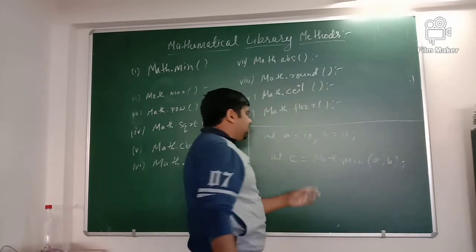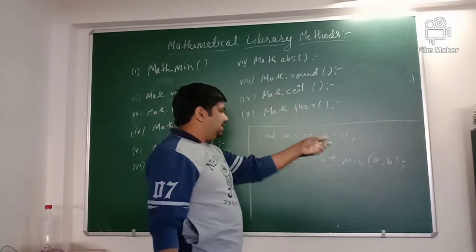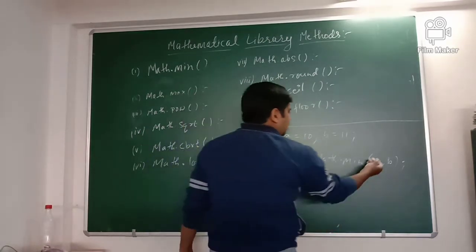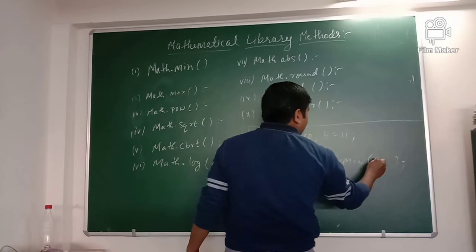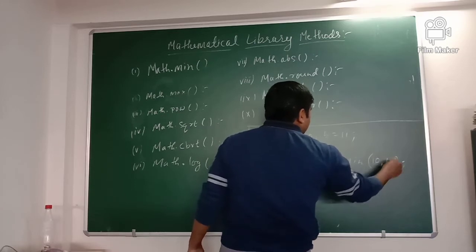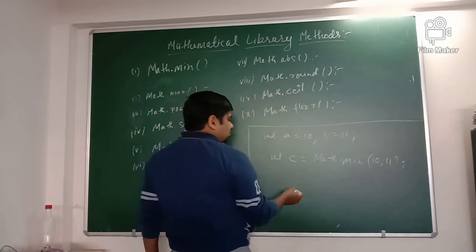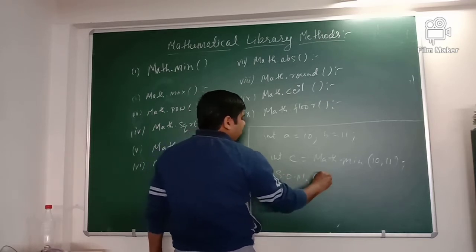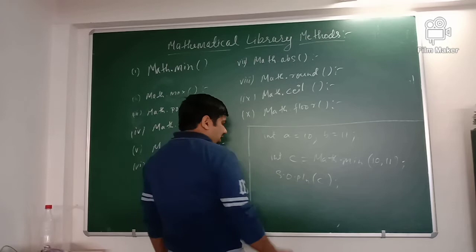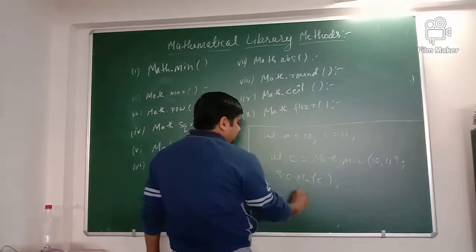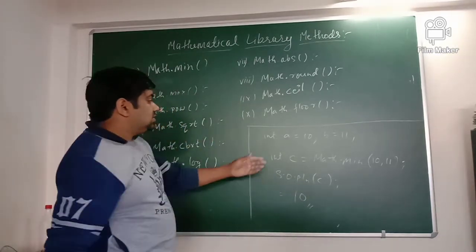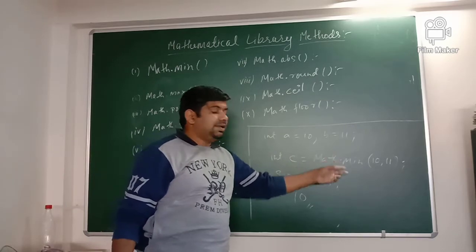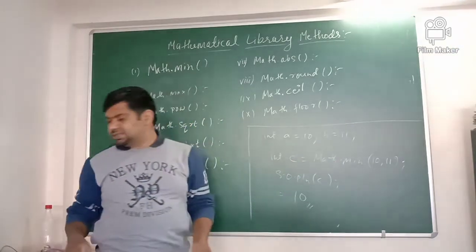Since the values of a and b are already given, you can write either a comma b, or 10 comma 11. The output is c. Finally, System.out.println, you can print c also, and the output you get is 10. This way we use the Math.min function to find the minimum among two numbers.